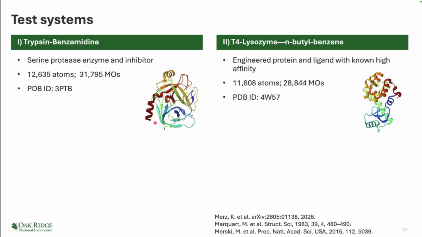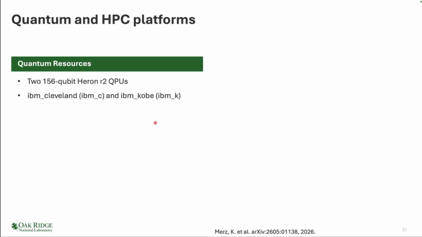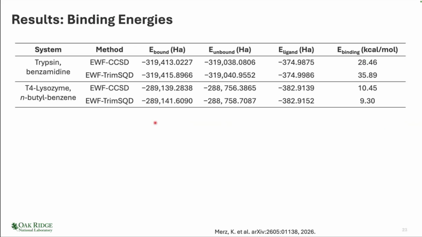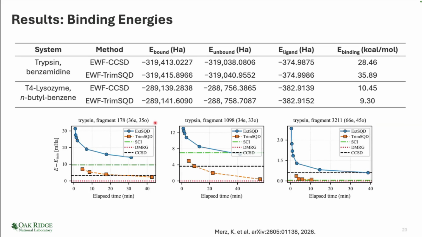Because you're, again, solving a small problem that, once you've fragmented it, you've made it a size that the leading classical methods can treat well. So that's, for example, why at the end here they're using DMRG as a reference. At the roughly 35 to 45 orbital scale, that's something that classical computing can nail.